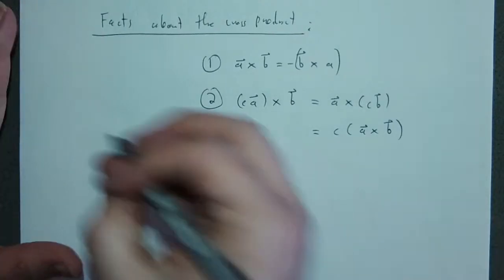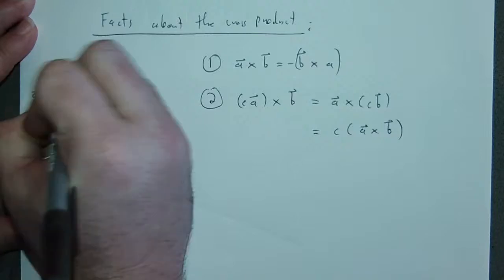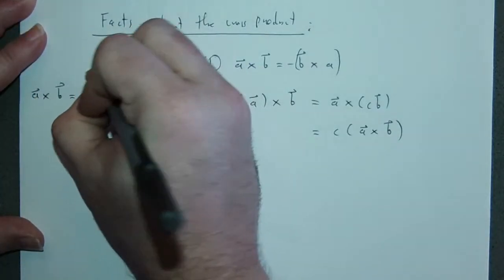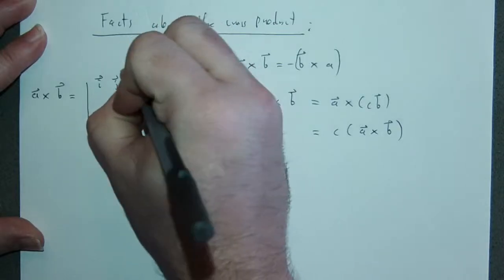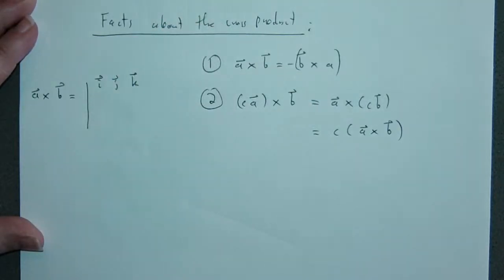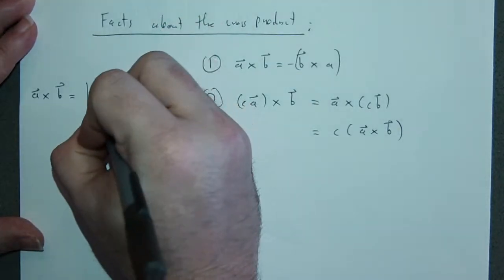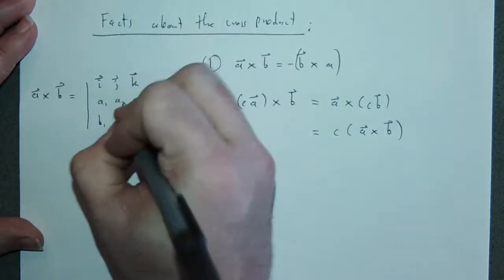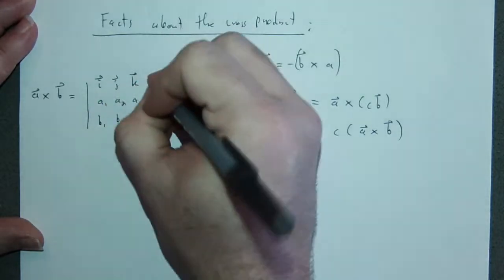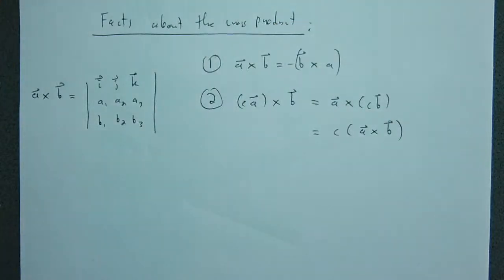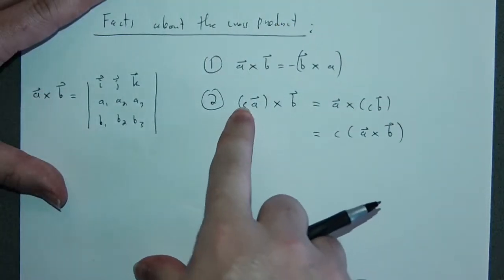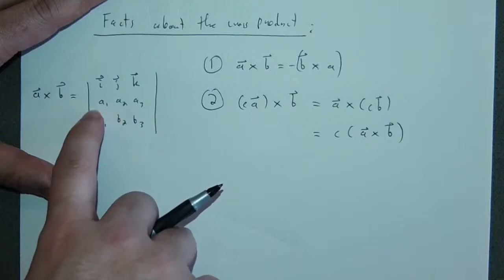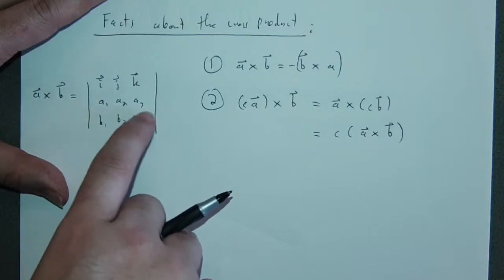In fact, if I write my cross product definition over here, this is the determinant of this weird 3x3 matrix where the top row are these symbols for the vectors i, j, and k. If this is A1, A2, A3, this is B1, B2, B3. All right, so I'm taking that determinant. So if I did a scalar multiple times A, then each of these slots would be replaced with cA1, cA2, and cA3.